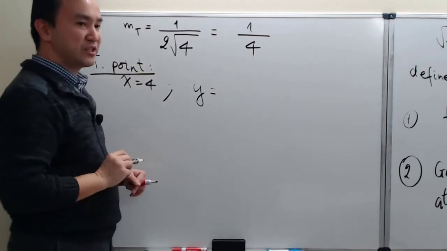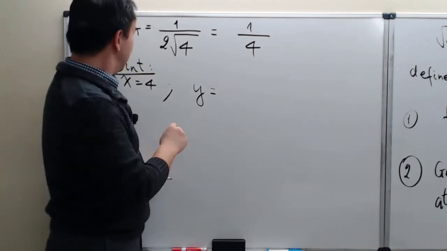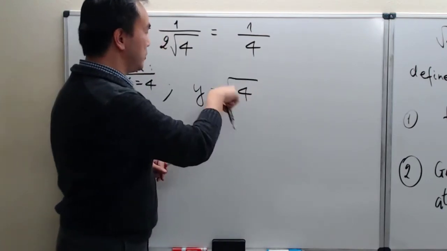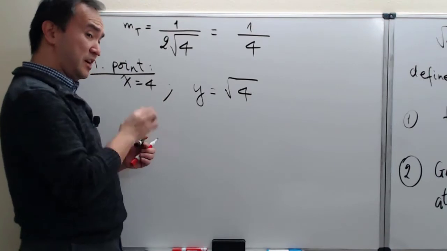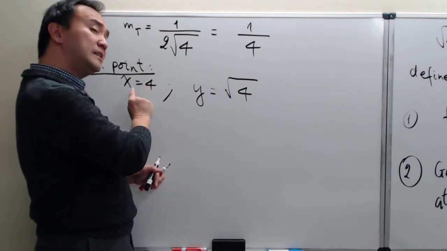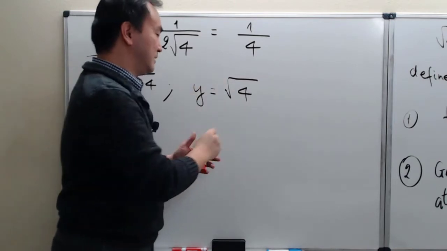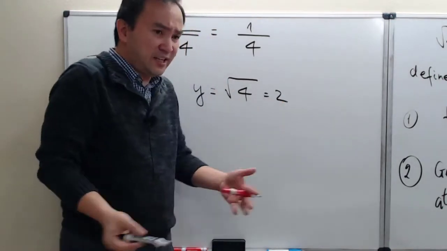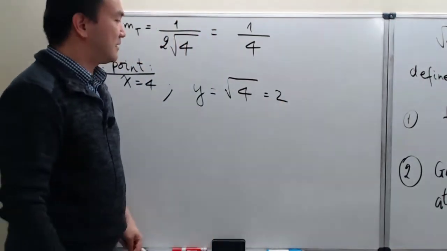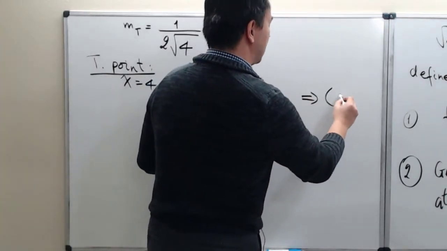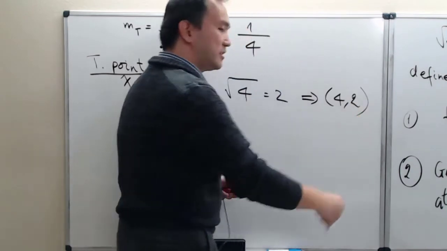Forgive me if I'm using shorthand notation for that. So the y value here is going to be square root of 4. I'm substituting our easy value, and the tangent point also comes right from the easy value. So square root of 4 is a 2. See how easy that is? I don't need a calculator for that. Okay, so the tangent point here is completed at (4, 2).